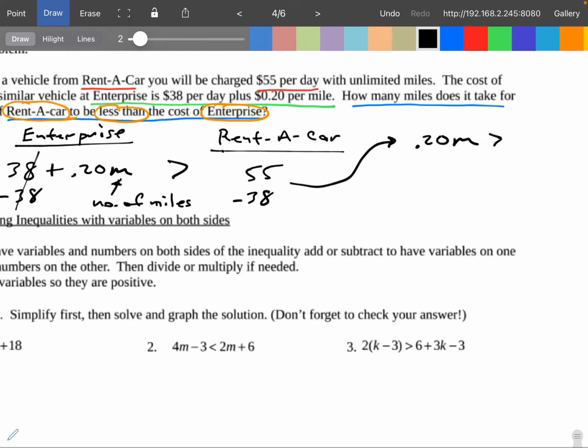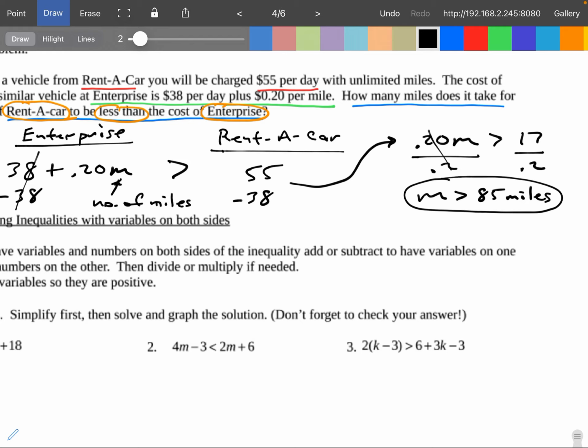So then what I have on the left-hand side is 0.20 times m is greater than 55 minus 38. What's that, 17? Then we're just going to divide both sides by the number in front of the variable, which is 0.2. Those are going to cancel out and make a 1. So I get m is greater than 85.